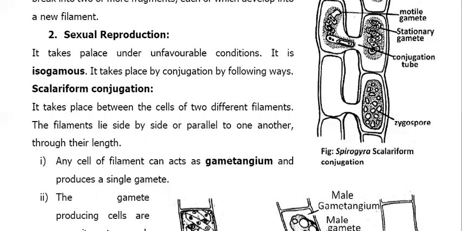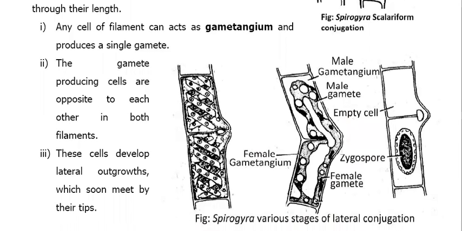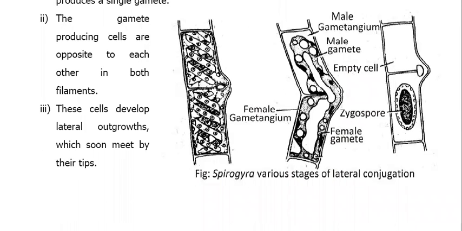Scalariform conjugation takes place between the cells of two different filaments. The filaments lie side by side, parallel to one another through their length. The cell of a filament acts as a gametangium and produces a single gamete. The gamete-producing cells are opposite to each other in both filaments.